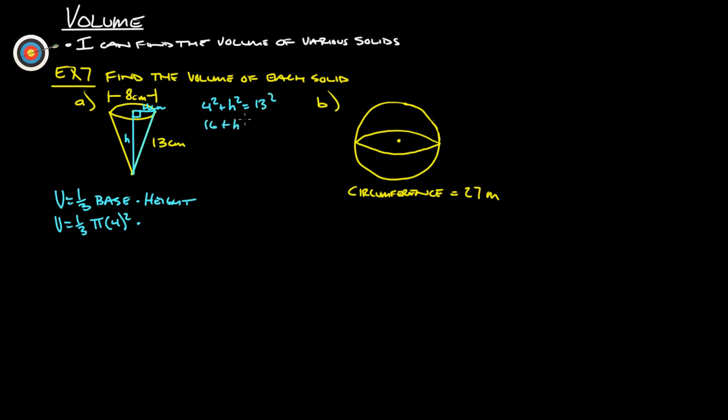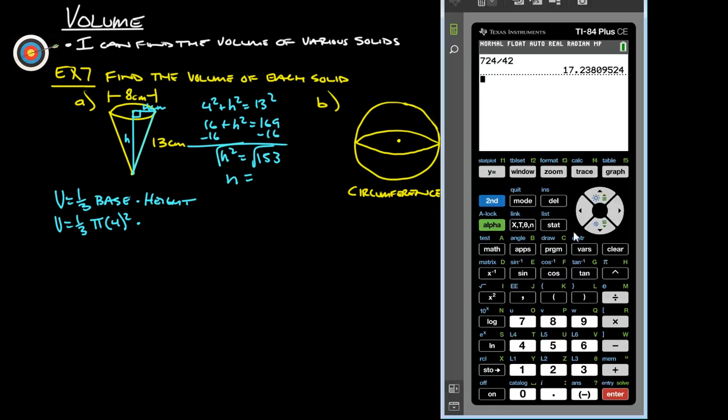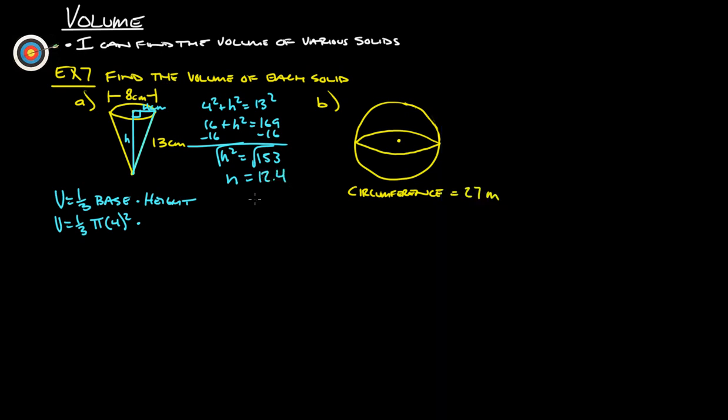So 16 plus h squared is 169, subtract 16, and we get that the height squared has to be 153, right? So we square root both sides, and the height of this thing is going to equal the square root of 153. That gives us 12.4 as the height.